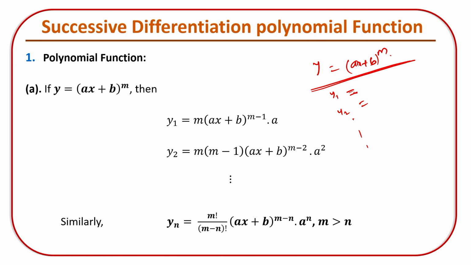So let me give you y1. For y1 you need dy by dx, which is equal to d of (ax plus b) power m by dx. Since we have something to the power m, we have to use the chain rule.